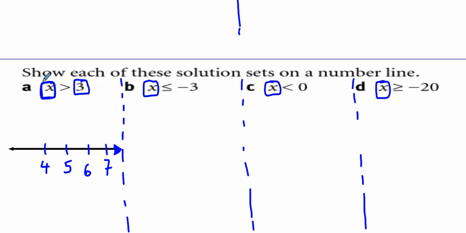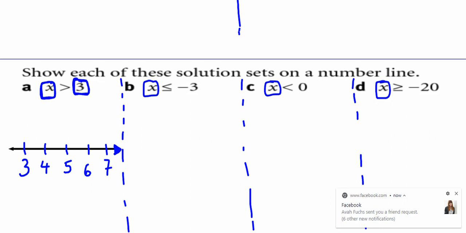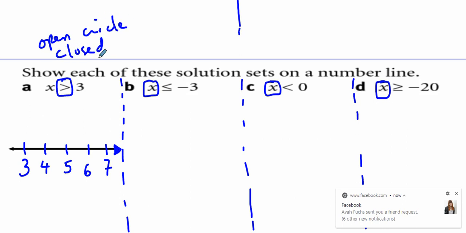Okay, now, how do we show this on a number line? You have to begin with the number itself. The number itself is 3. Now, can you notice that we have this symbol greater than? Now, should we use open circle or should we use closed circle?